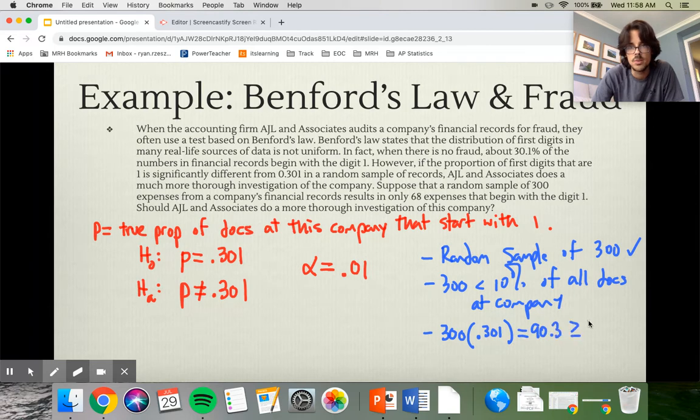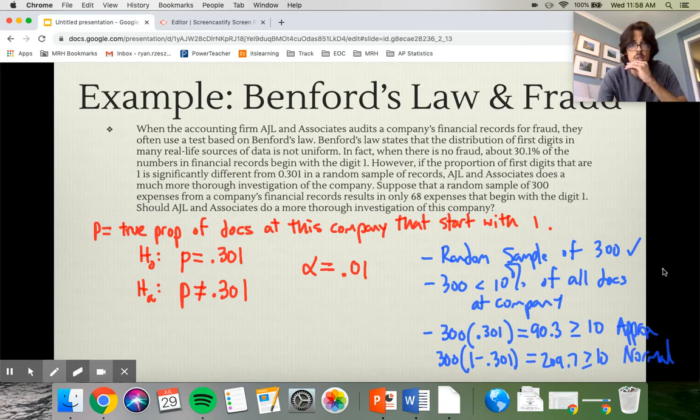That's greater than or equal to 10. And then 300 times 1 minus that is about 209.7. Also greater than or equal to 10. That means the sampling distribution of p-hat is approximately normal, so we are good to go. So that is my condition check.